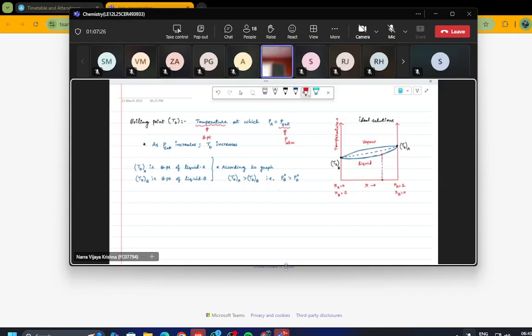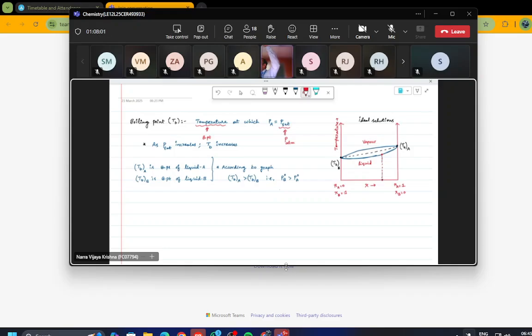Now I stop heating it and keep the temperature constant. What is the temperature of the vapor generated on the surface of it? Will it be the same or different? Same only. I have raised the temperature up to that point and I am keeping it constant, so the temperature of the vapor generated above it should also remain the same.